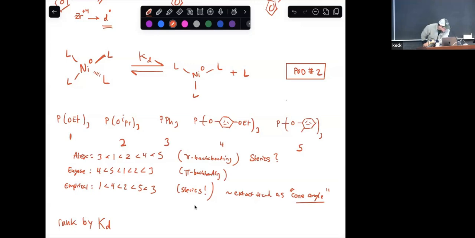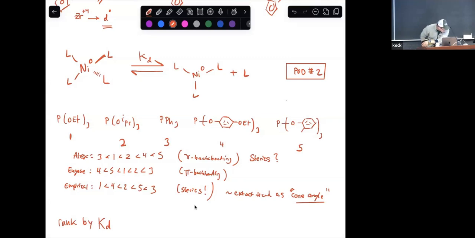And then within the phosphite series, you're comparing sterics and electronics as well. Comparing alkyl versus aryl groups can be a little tricky. They're often not as sterically bulky as you expect them to be at first glance because they have the ability to rotate out of the way a lot of times and put their steric bulk in a non-clashing way, whereas alkyl substituents often don't.